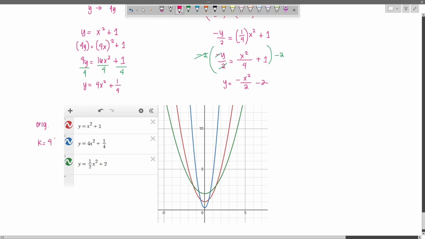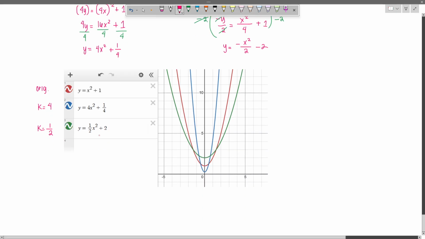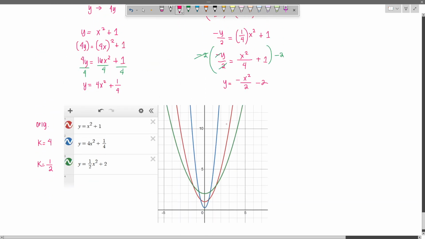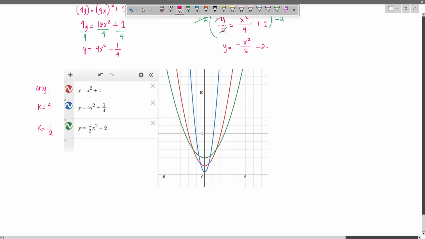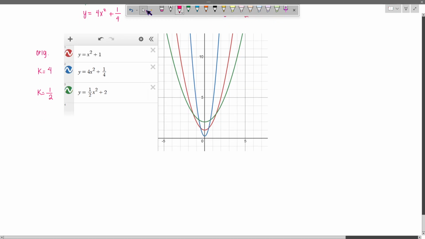Okay. And then this one, scale factor of 1 half. Okay. So if you have to plot it with negative 1 half, this green one will be reflected only. Okay. What I reflected actually is the 4, scale factor of 4.